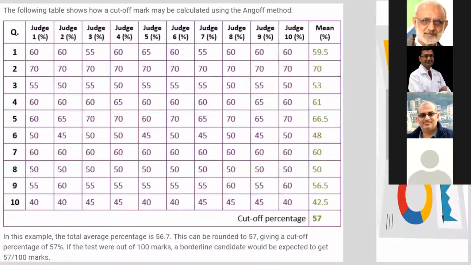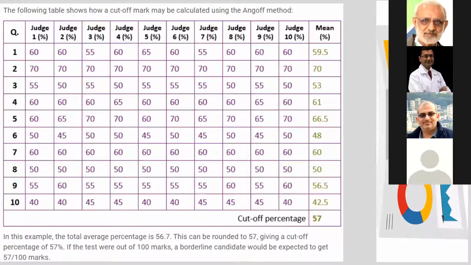Here is an example. There are 10 questions and there are 10 judges. Each judge for each item gives a percentage of minimally competent candidates that will answer that question correctly. For example, in question 1, judge 1 thinks that 60% of the minimally competent candidates will answer that question correctly, whereas judge number 5 thinks that 65% of minimally competent candidates will answer that question correctly.